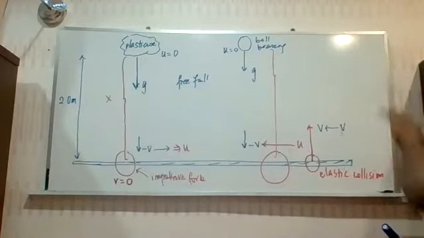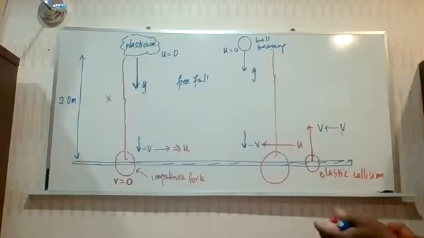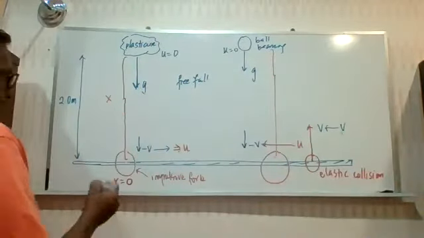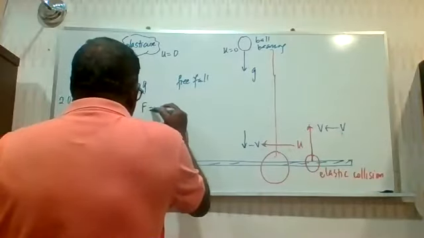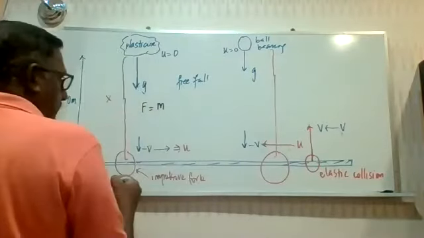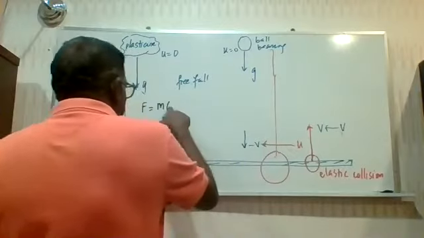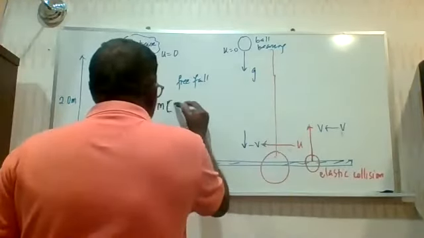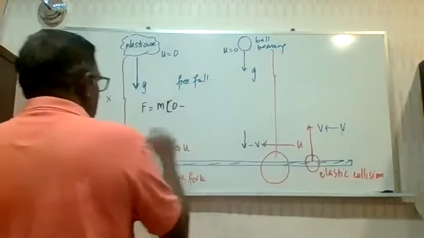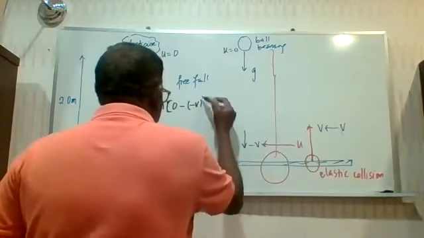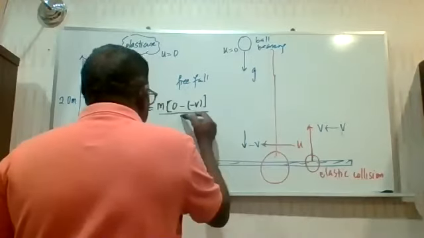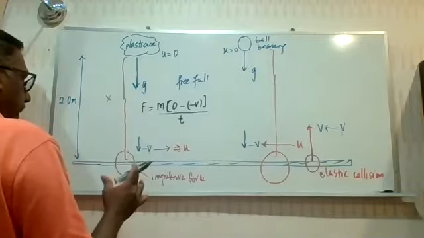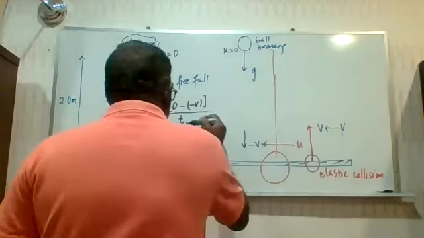Okay, so now we have got the whole concept. Let us do a simple mathematical verification here. The force of impact will be the mass of the plasticine times the final velocity of the plasticine, which is 0, minus the initial velocity, which is -V, divided by the time of impact, which I do not know. I put it as T1.